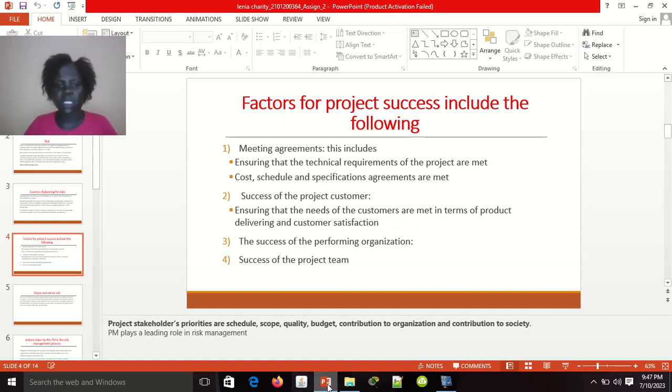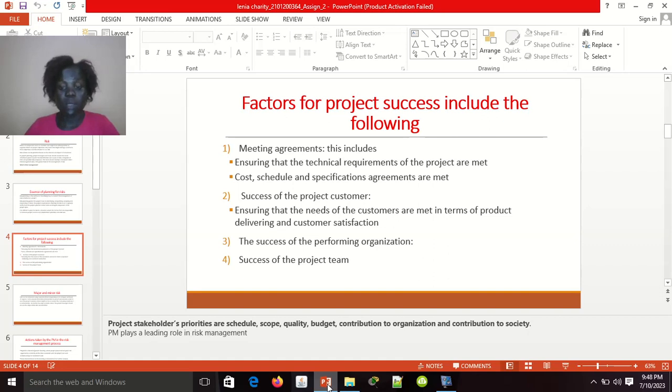Factors for project success include the following. You have to meet requirements, ensuring that the technical requirements plus other requirements are all met, the cost and the time limit. You do all activities within that time and within the budget. Then success of the project customer: ensure that the needs of the customer are met, because the project aims at bringing out the customer's needs.